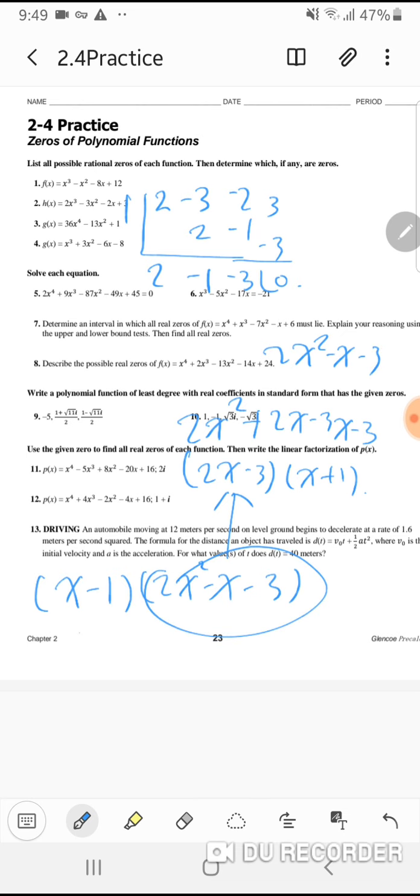So our answer would be x is 3 over 2, x is -1, and x is 1.